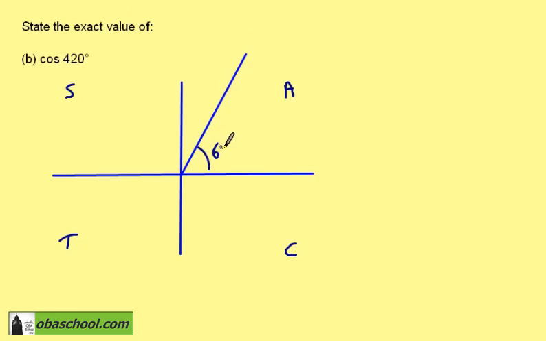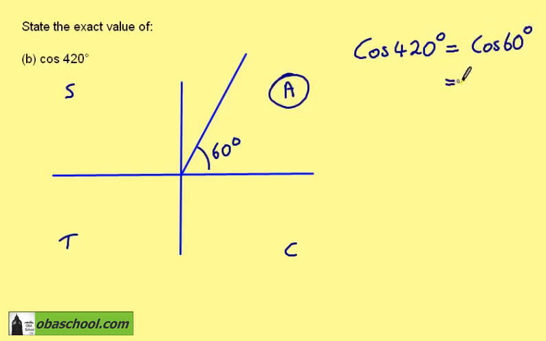So we can see the associated acute angle is 60 degrees. We're in the A quadrant, so the cosine is positive, so the cosine of 420 degrees is equal to the cosine of 60 degrees, which is a half.